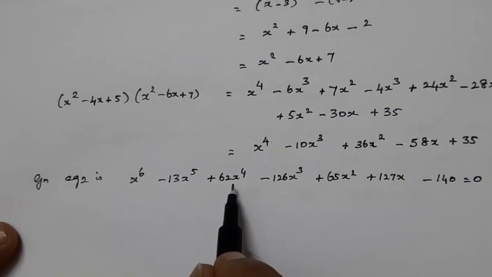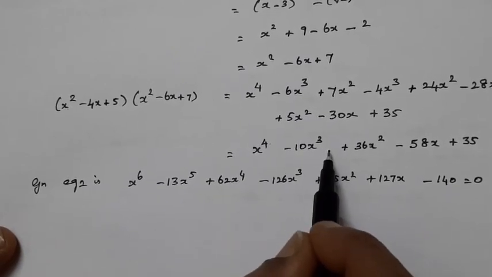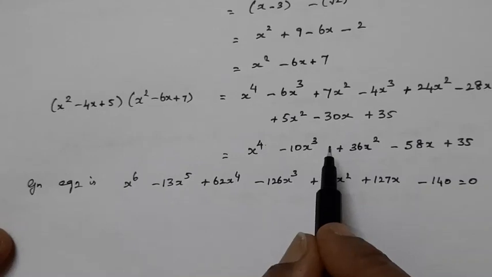Now you have to divide the left hand side of the equation by this product of the factors in order to get the remaining factor.